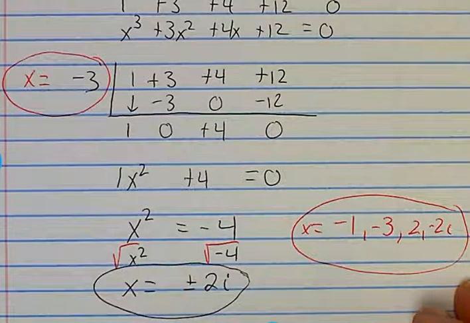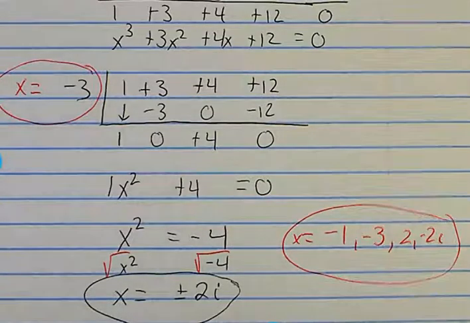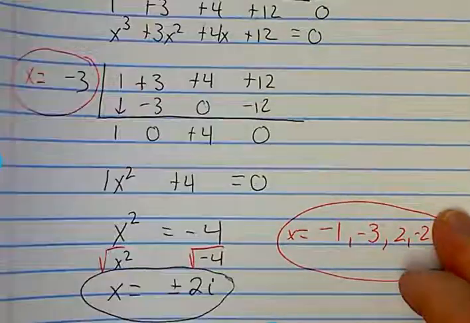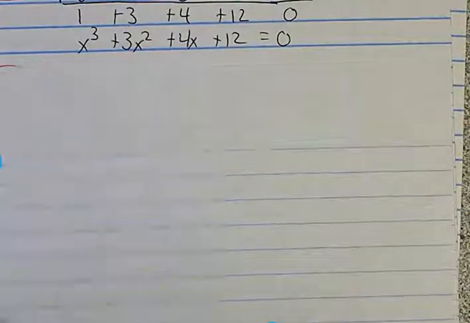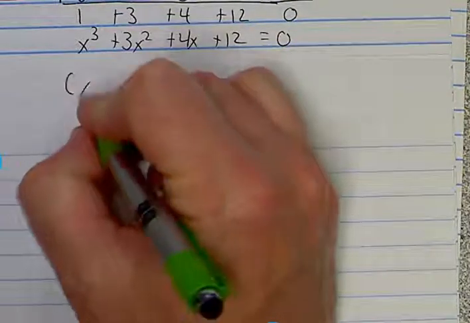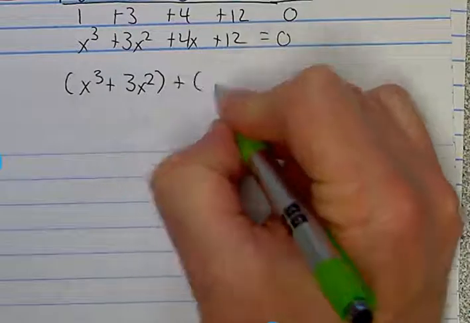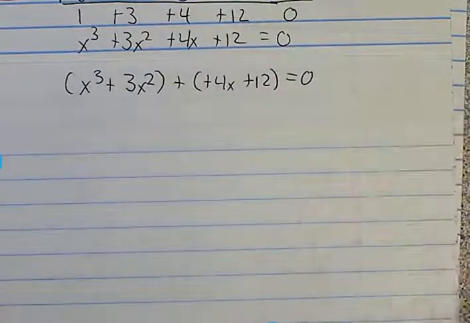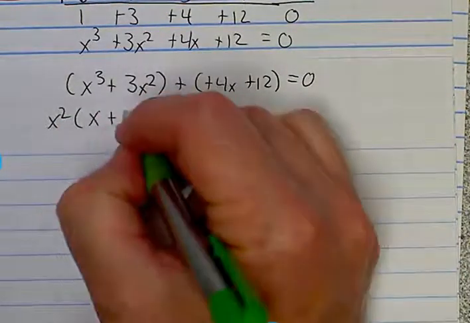Now, just to show you real quick what you would have gotten if you had done factor by grouping. Again, we'll just cover up this bottom part so we can see it here. Let's say you're going through this one and you don't find that second answer. Let's say you only find the first answer. If you had done factor by grouping here, you could have taken out the x squared and gotten x plus 3.